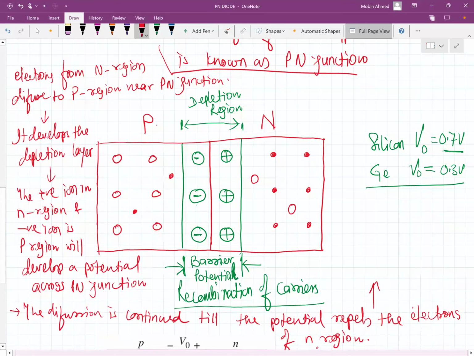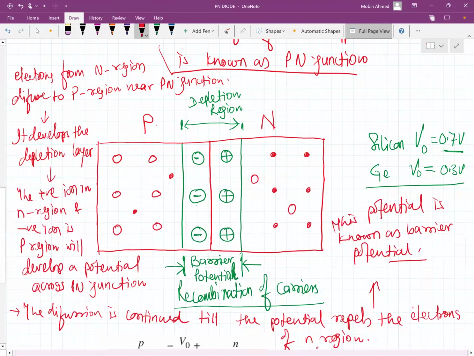So this potential is known as barrier potential. Okay, so this much is more than sufficient. What is barrier potential?